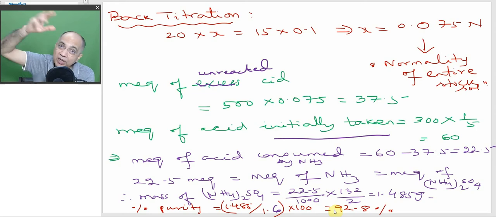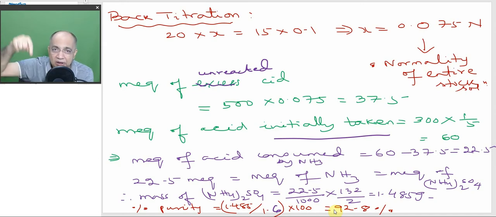We had allowed ammonia to escape and back titrated, maybe after dilution, the amount of NaOH that remained unreacted. And then we could have got the amount of sodium hydroxide used by ammonium sulfate. So that is the MEQ of ammonium sulfate, right?